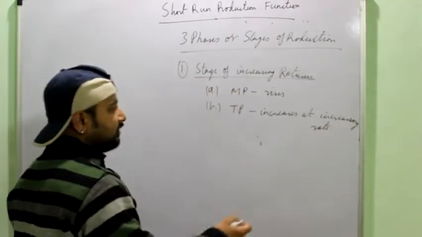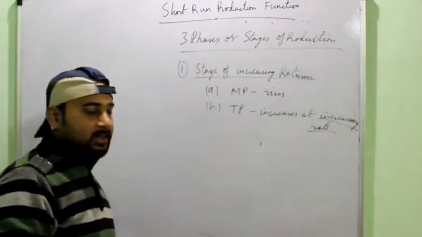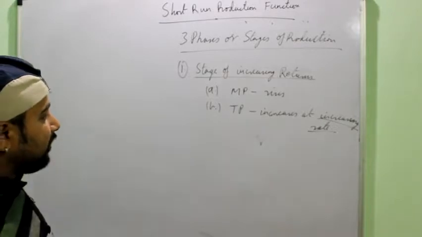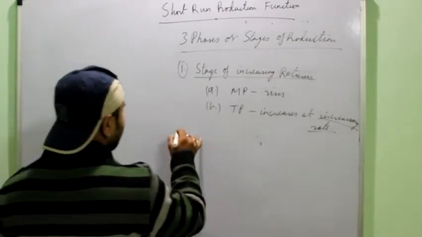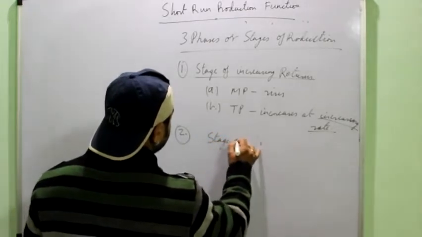We'll talk about this in detail, what is increasing rate, when we do this numerically. For now you have to just understand that marginal product rises and the total product increases at an increasing rate. Second is the stage of diminishing returns.